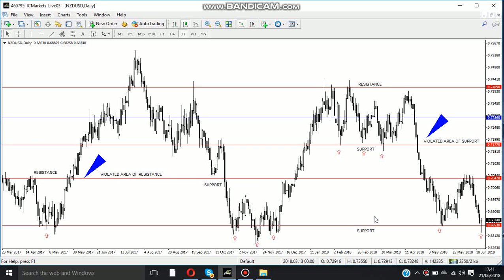So basically speaking, support is an area where price will hold if price is coming on a down move. If I take this down move for instance here, support was found in this area as price stalled, and as a result, we saw buyers step into the marketplace.